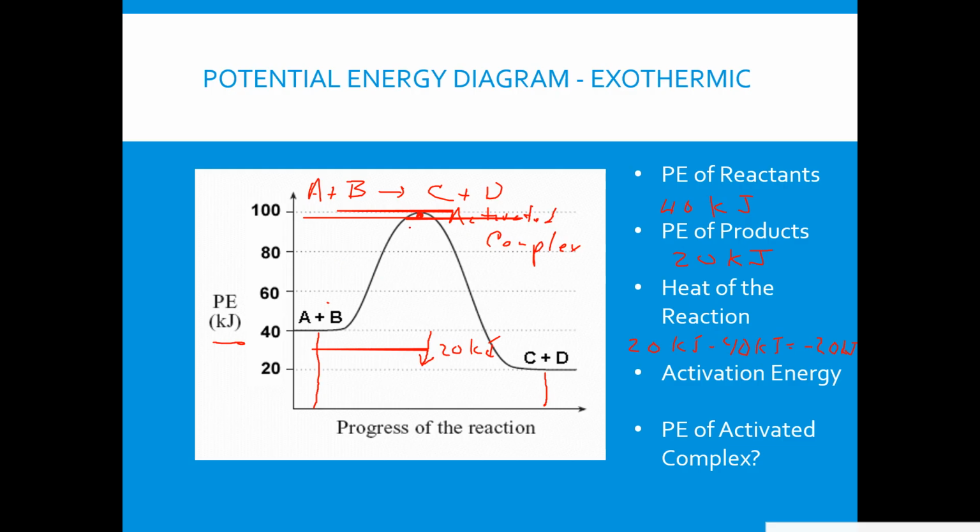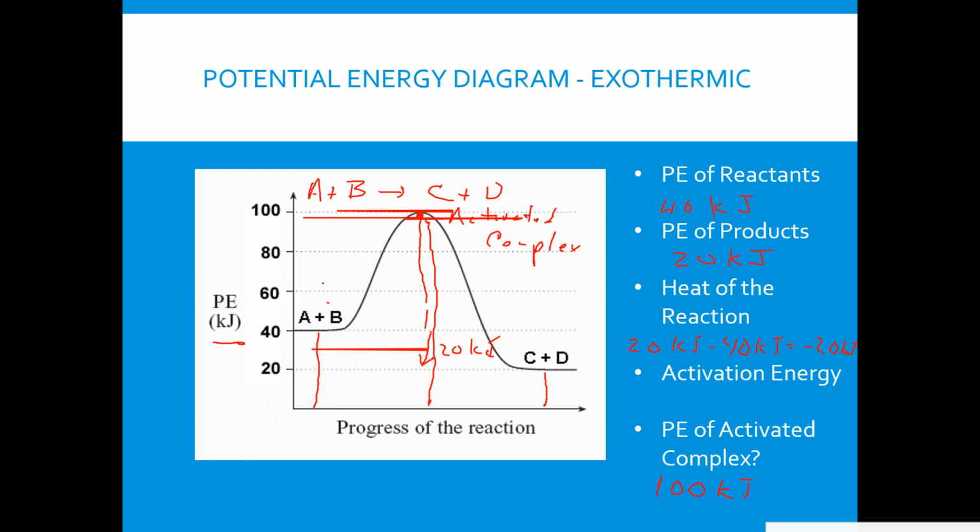In this situation, this distance from 0 up to the very tip top is the potential energy of the activated complex, which looks like it is 100 kilojoules. I have to get this thing up to 100 kilojoules total potential energy before it can react and come down to a lower potential energy. How much energy do I have to put in?